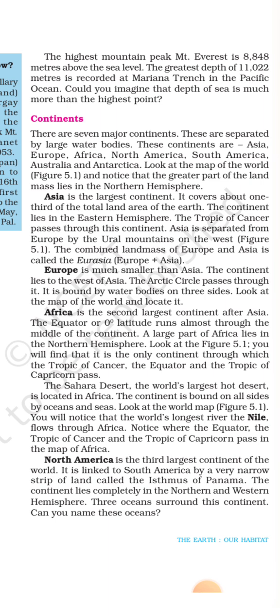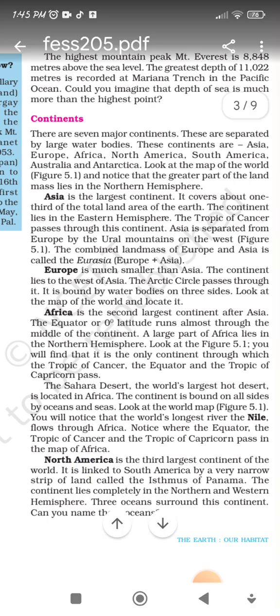The continent lies completely in the northern and western hemisphere. अफ्रीका सेकेंड लार्जेस्ट कॉन्टिनेंट है, और ये पूरा नॉर्दर्न हेमिस्फीयर में आता है. But North America comes in the western and northern hemisphere both. Three oceans surround this continent.